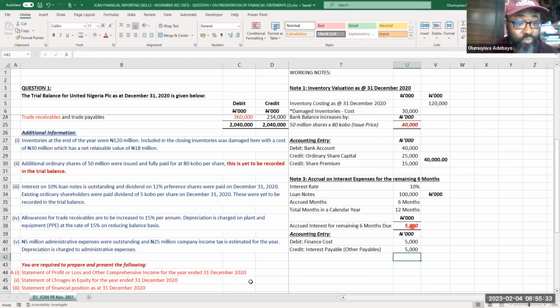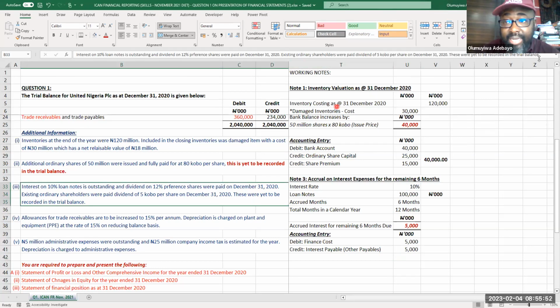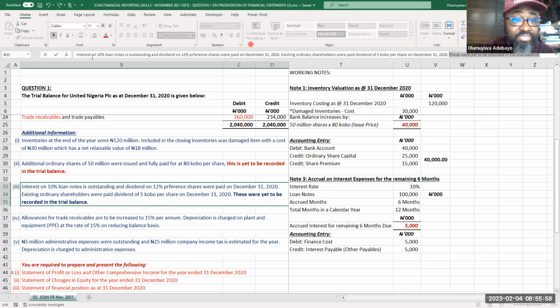Next one is that dividend on 12% preferential capital were paid on December 31st, 2020. And they said these were yet to be recorded in the trial balance. Let me highlight that again. Which means something has happened which has not been captured in our books.